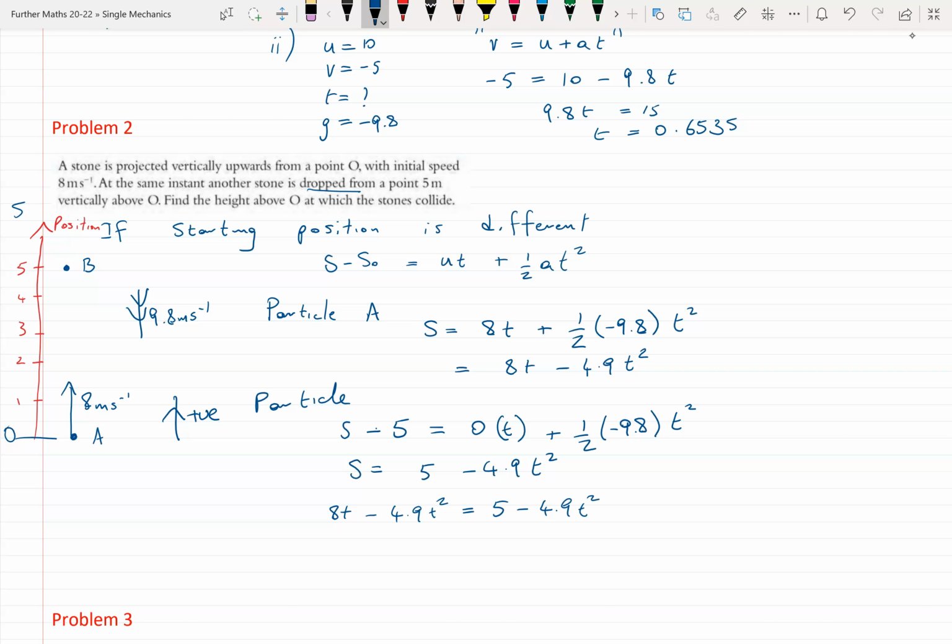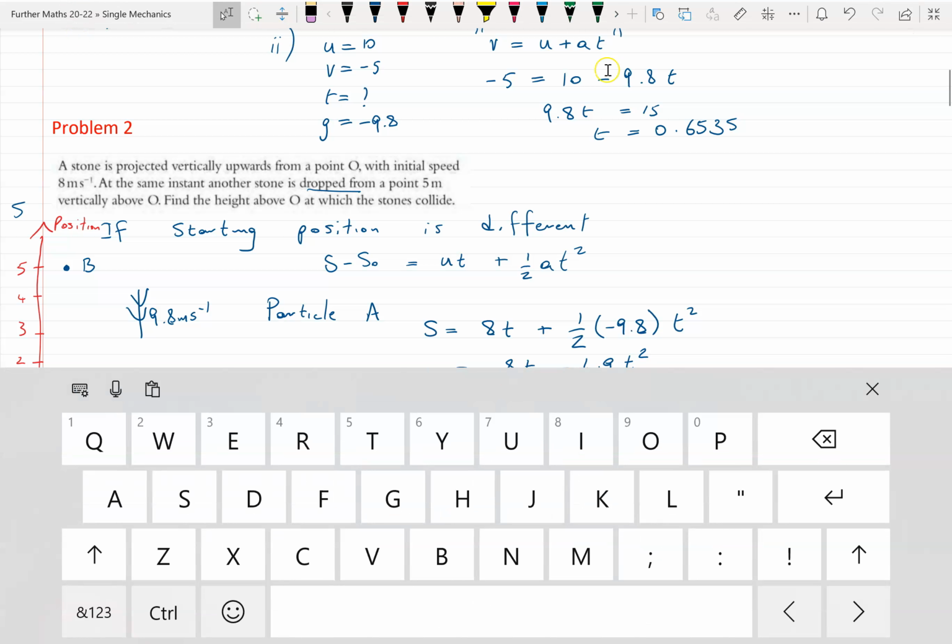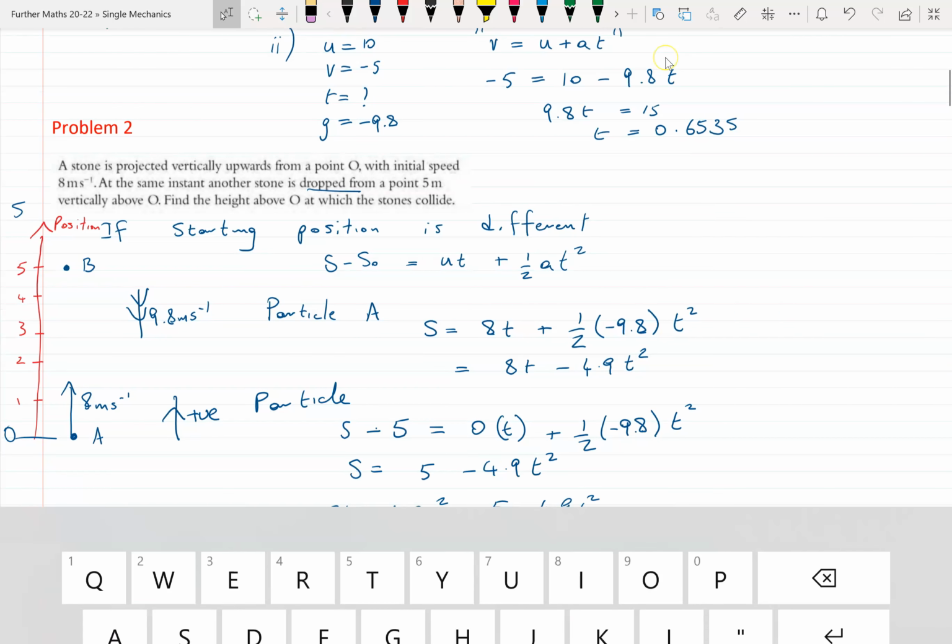That gives us 8t equals 5, t equals 5 over 8, which is 0.675 seconds. So that's t.